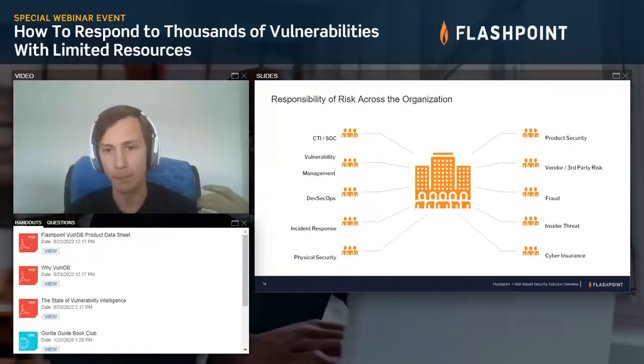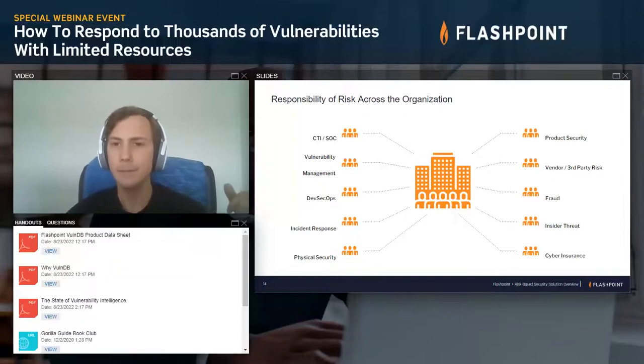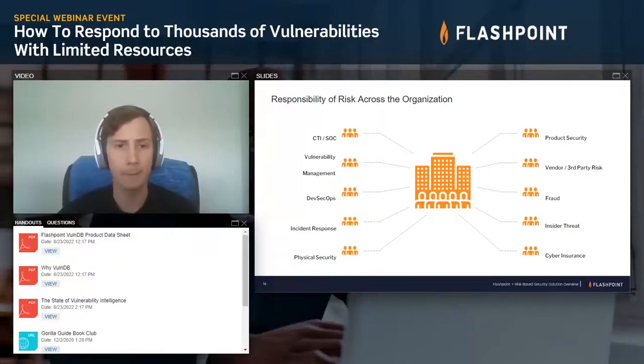So no matter if you're an organization that's more energy focused, or you're a financial institution that shoots out a lot of laptop images for new employees, or whether you're government or whoever it might be, you might care about different types of products that vulnerabilities affect. That's what I was trying to get at. And so we've got you covered, right? That might cover product security versus DevSecOps versus a more straightforward vulnerability management versus physical security.